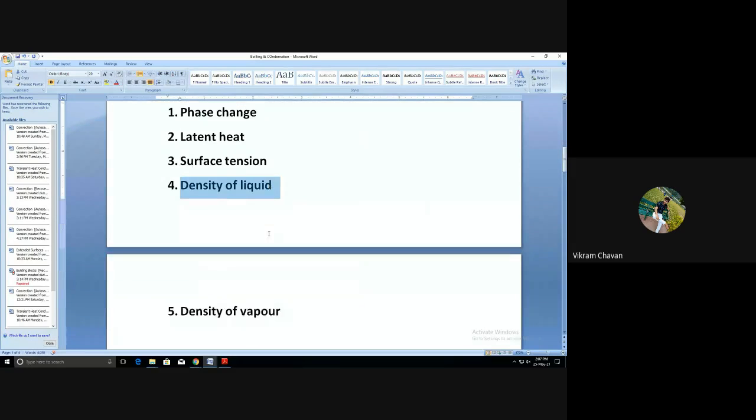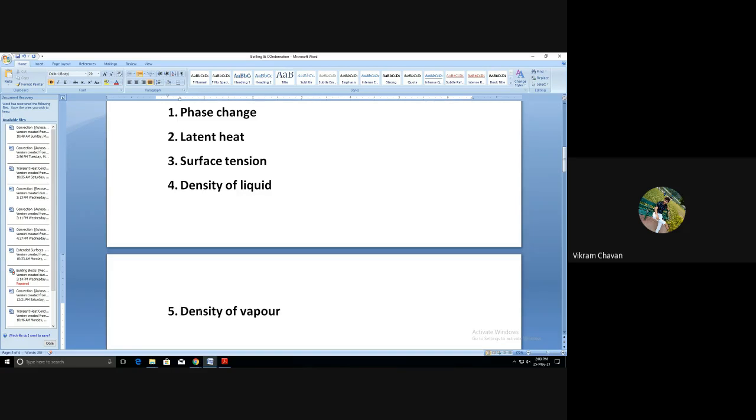And when we are considering the condensation process, the density of a vapor goes on increasing when we are changing the fluid state from vapor to liquid. And when we are changing the state from liquid to vapor, the liquid density goes on decreasing.